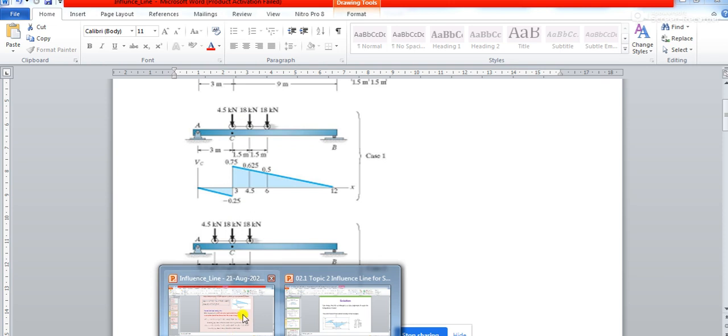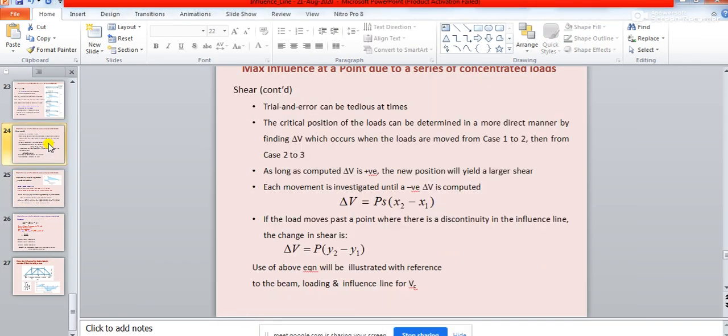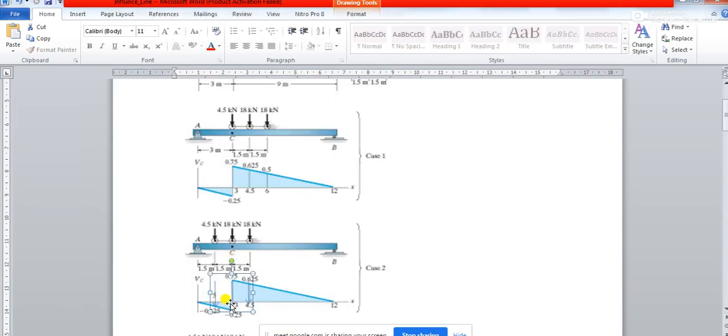And if you go to the theoretical part, the theory, if you try to understand and see, this is what actually you are doing. So what will be the change in shear? The change in shear will be, in that case, delta V is equal to P, the load, multiplied by S, that is the slope, and then x2 minus x1. So P, what is the load here? Load is 4.5, slope is 0.0833, and what is x2 minus x1? See, x2 minus x1 is nothing but the distance the load is traveling. So once the load was here in case number 1, how much distance has it traveled?